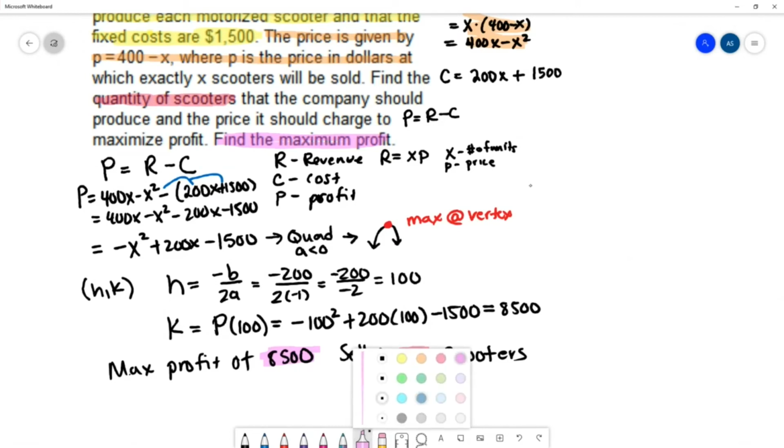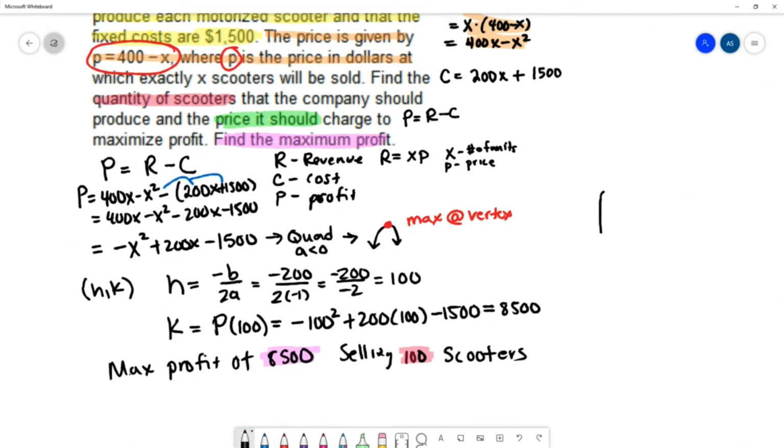And the last thing that we need to do is to find the price that should be charged. So for the price that should be charged, we're going to use this right here. Remember, the lowercase p stands for price. The lowercase p for price is 400 minus x.